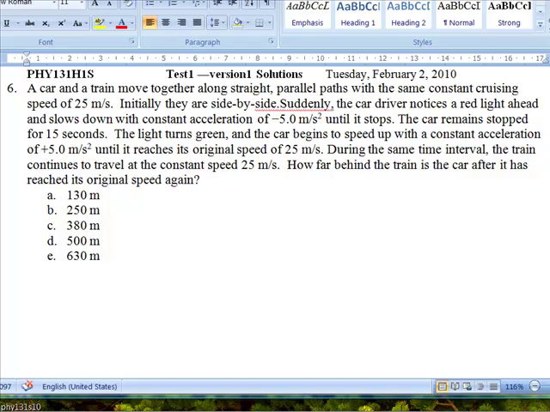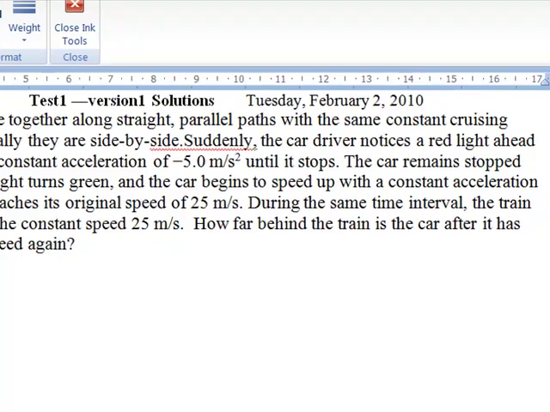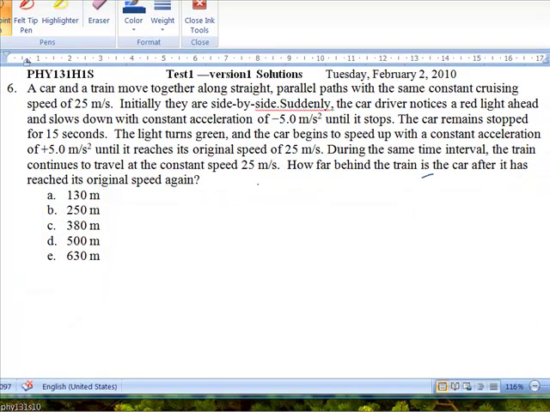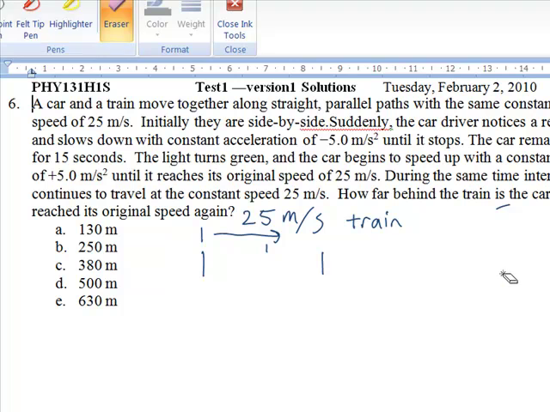So let's set this up with a little diagram. Let's say they're both starting with 25 meters per second. Here's the train, which just keeps going at 25 meters per second, but the car has this segment of its motion, which we'll call segment 1, in which it's going v sub 0.